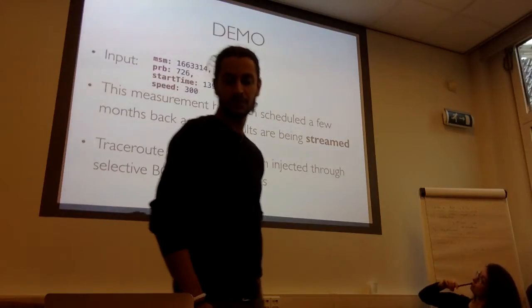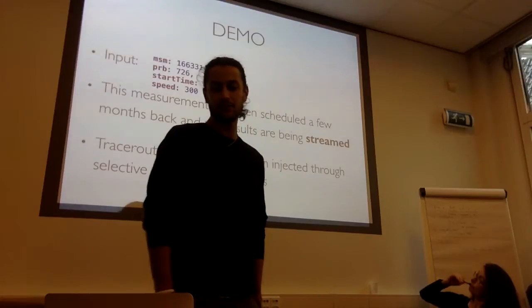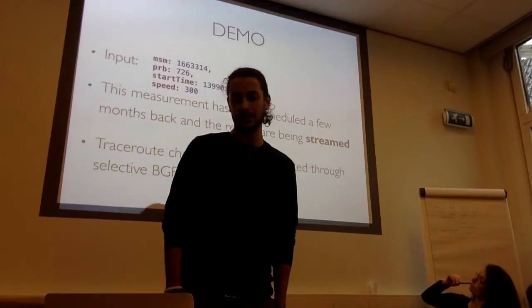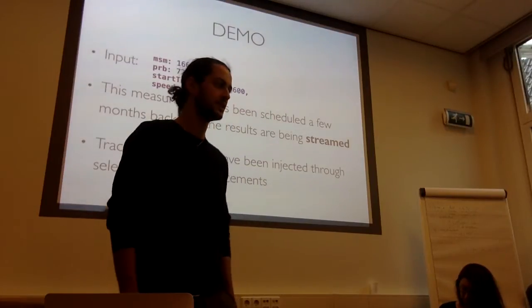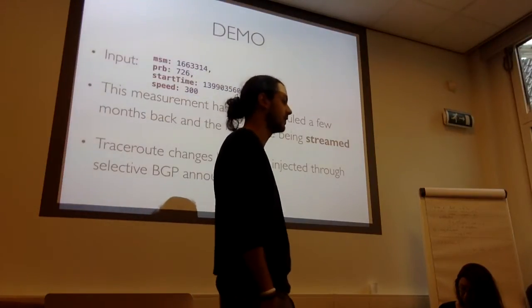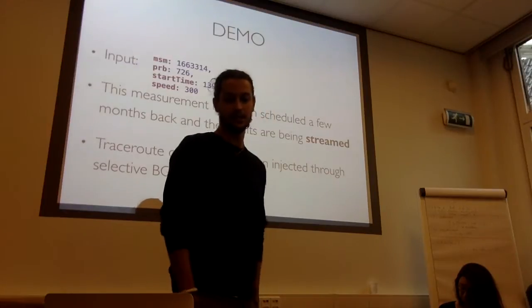So my input for the demo is this measurement. I selected a probe, and it has been scheduled a few months back, and I'm streaming the results through the streaming API they just developed here at the NCC.